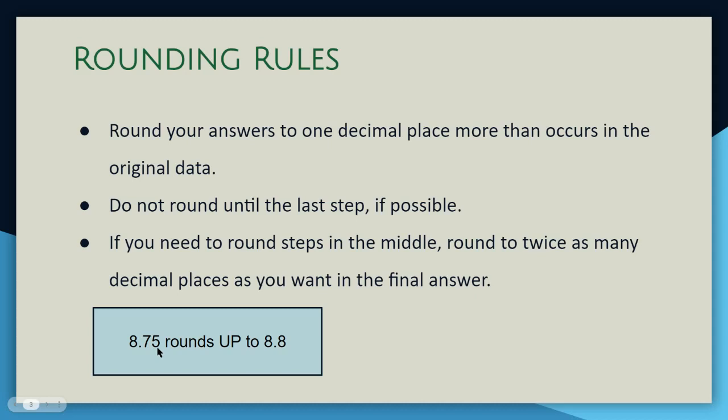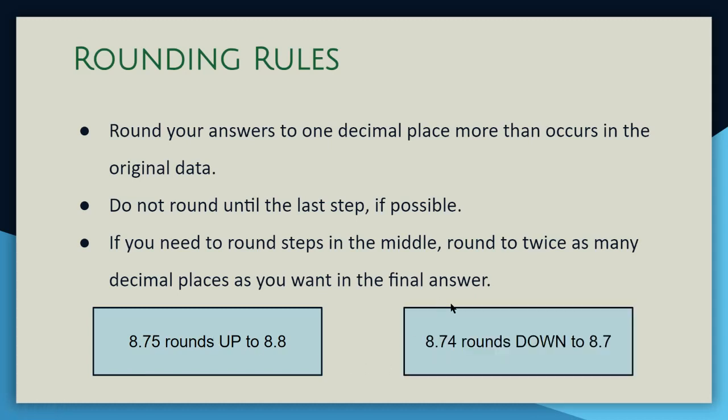The thing behind the 7 is a 5. I'm going to round that 7 up to an 8. So 8.75 becomes 8.8. If the thing next to the 7 is less than 5, we round down, meaning the 7 stays a 7 and we drop everything behind it. So 8.74 would round down to 8.7.